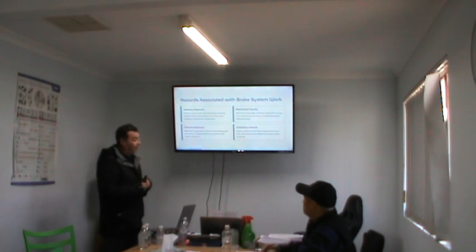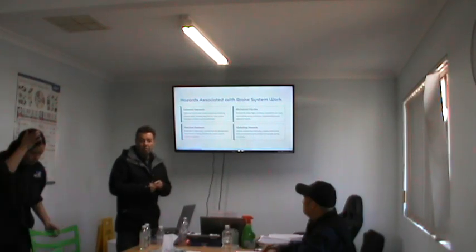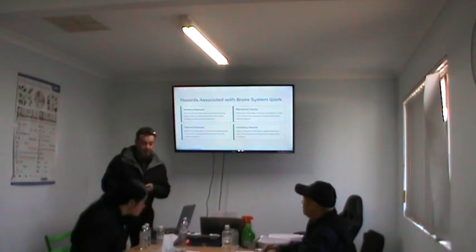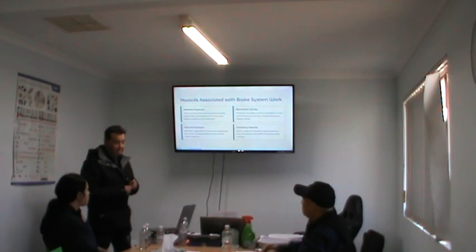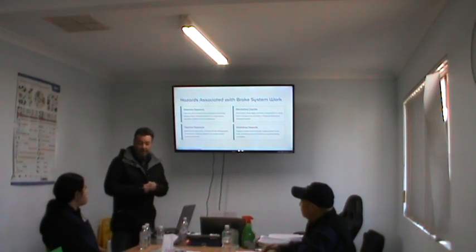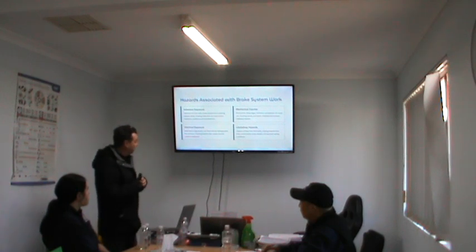We also have chemical exposure. Brake fluid. Brake fluid can cause skin irritations. It's also hygroscopic. And hygroscopic means it can rapidly absorb moisture. Once the brake fluid has a moisture content in it, it lowers the boiling point temperature of the brake fluid, which will cause your brakes to actually overheat and not function correctly.